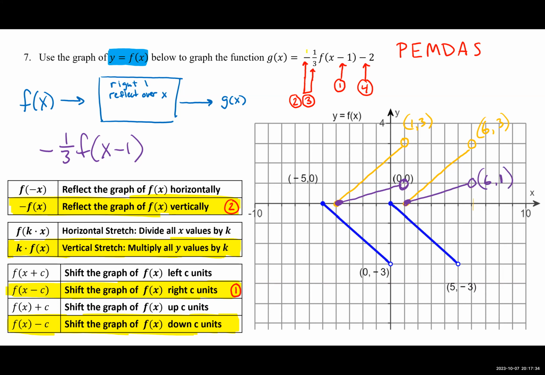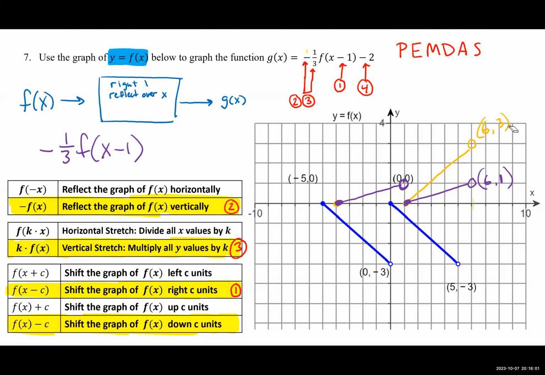See how to get from that orange graph to the purple graph, we compressed it down because the vertical stretch was actually a fraction, 1/3. So we're basically stretching by 1/3, which means another word for that is compressing. So we did that third. And now finally, so we're done with the orange graphs.